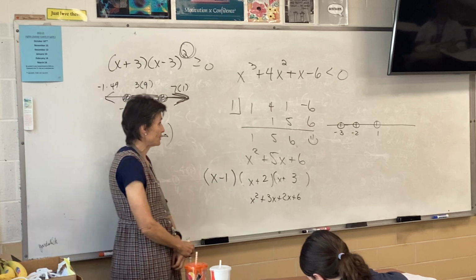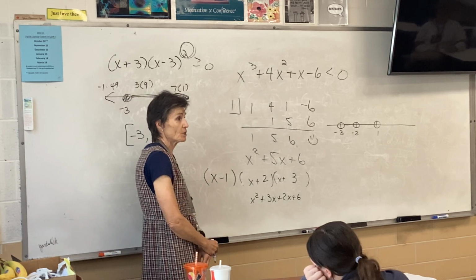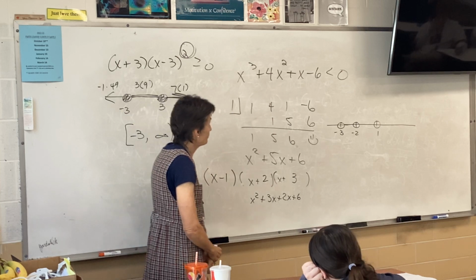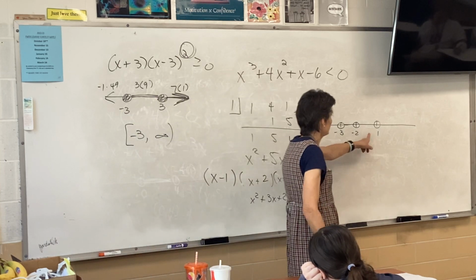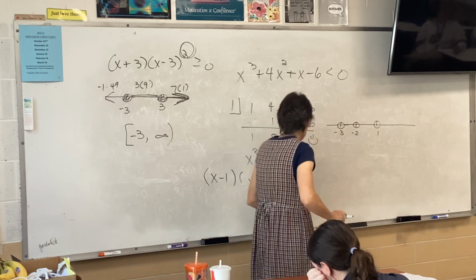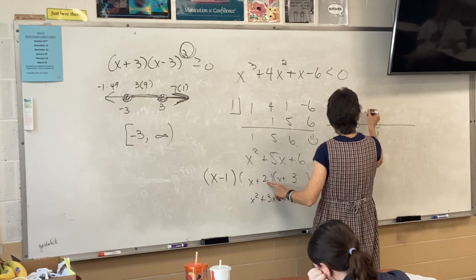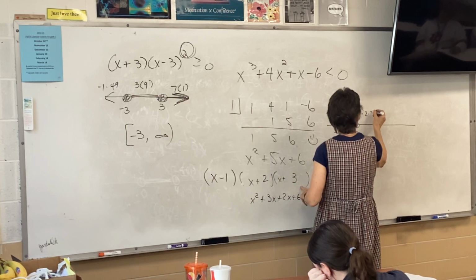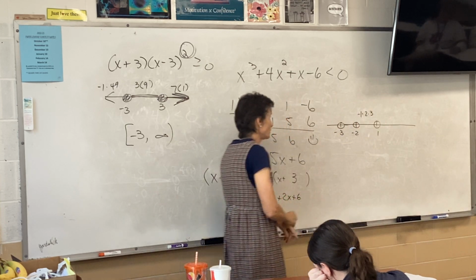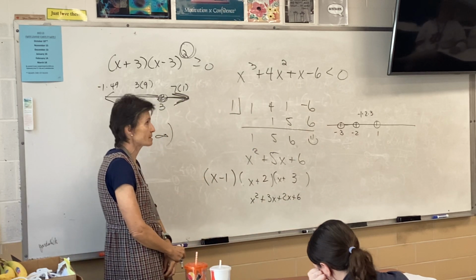So now what do I need to do? I need to figure out where to shade, right? So I like 0. 0's right here. So I'll put 0 in, so 0 minus 1, 0 plus 2, and 0 plus 3. So when I multiply all those together, I actually got -6.